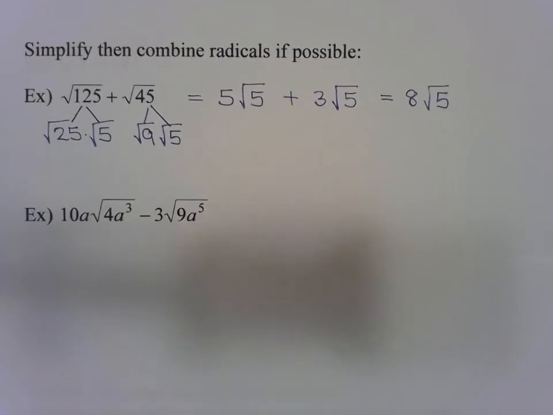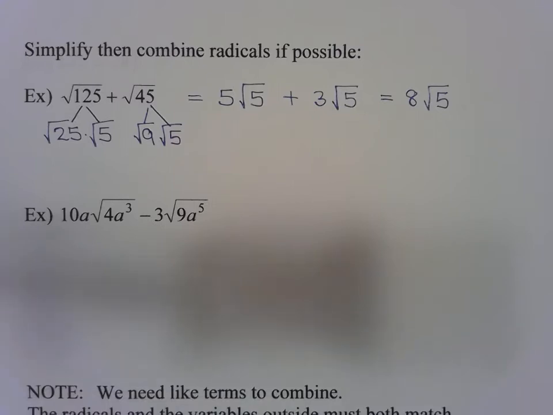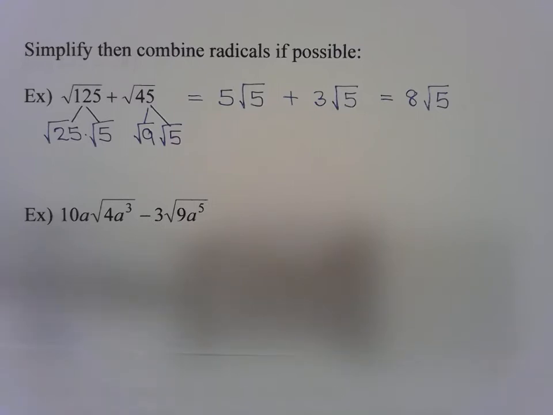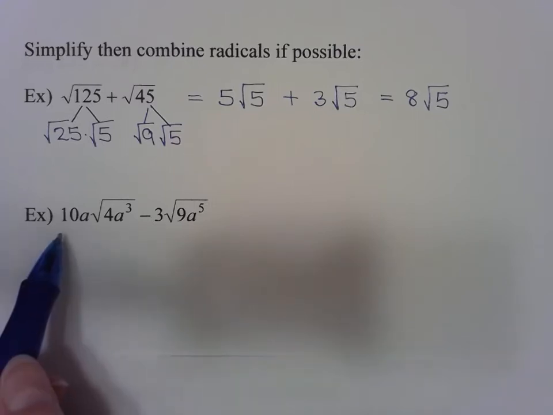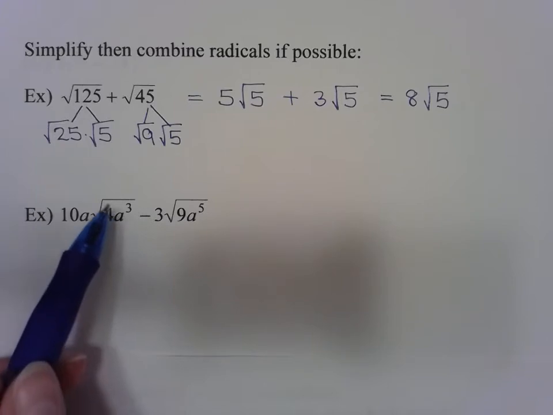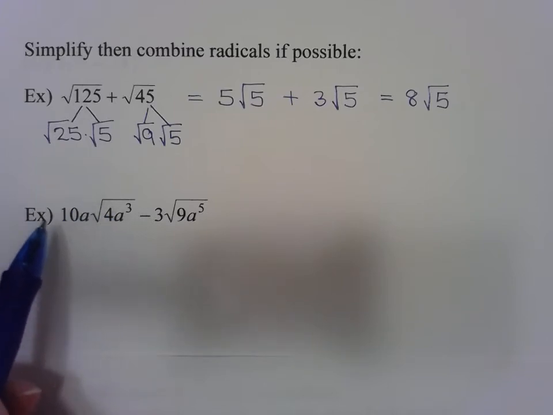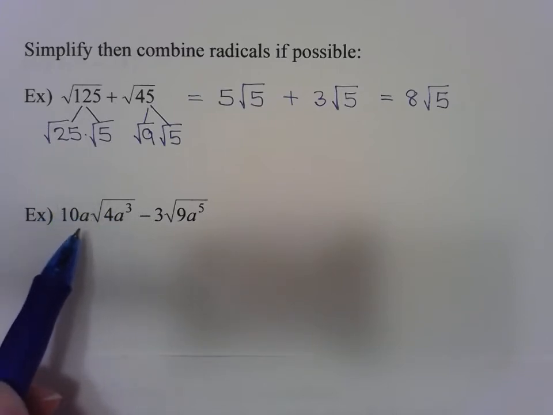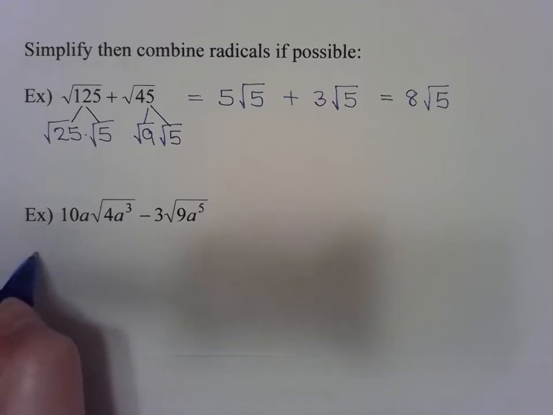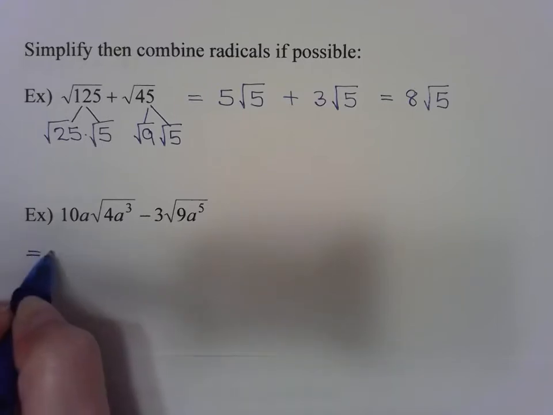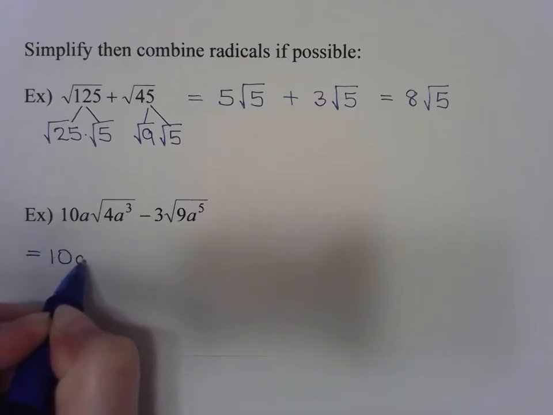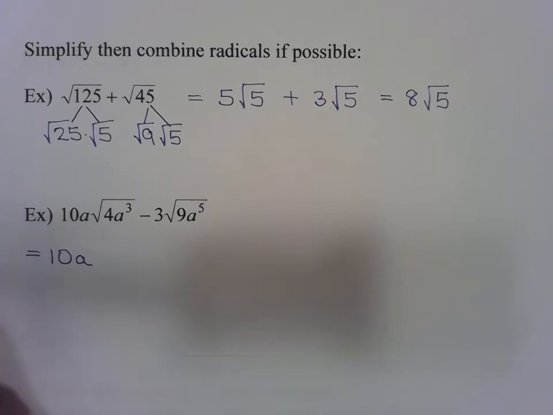Okay, let's add in some variables just for fun. Like we've said in the past, anything that's on the outside, when I bring more things out, all of it gets multiplied together. So let's do that. Let's leave the 10a on its own just to hang out for the moment on the outside.